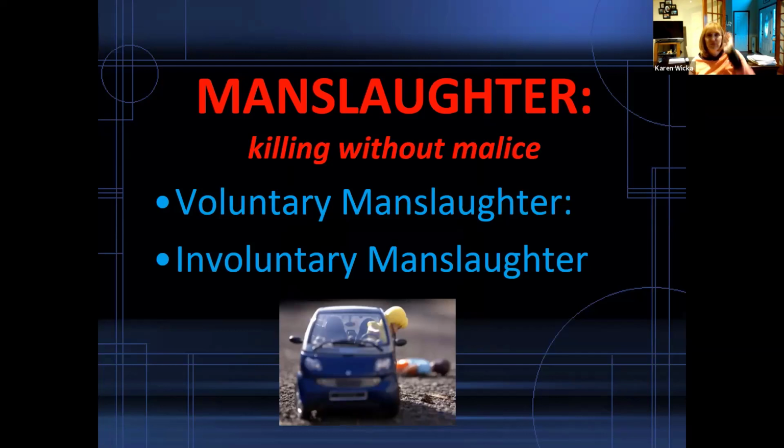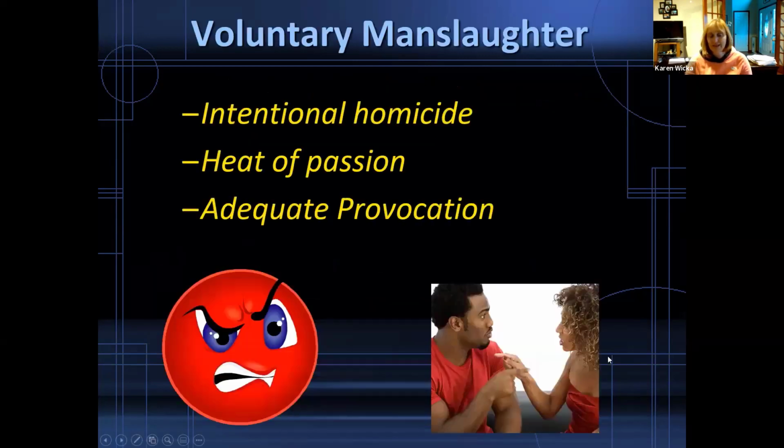Something happens that you freak out and you still want to kill. You still have an intentional killing, but you don't have malice, okay? And then the second category is what we call involuntary manslaughter. This is when you have the reckless or negligent levels of mens rea. So let's look at this, it will make more sense.